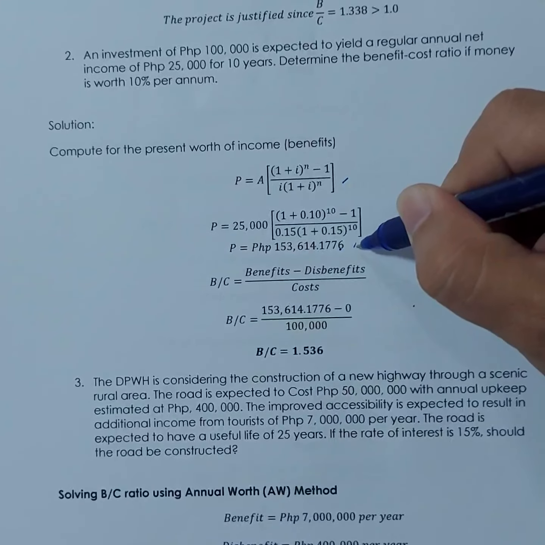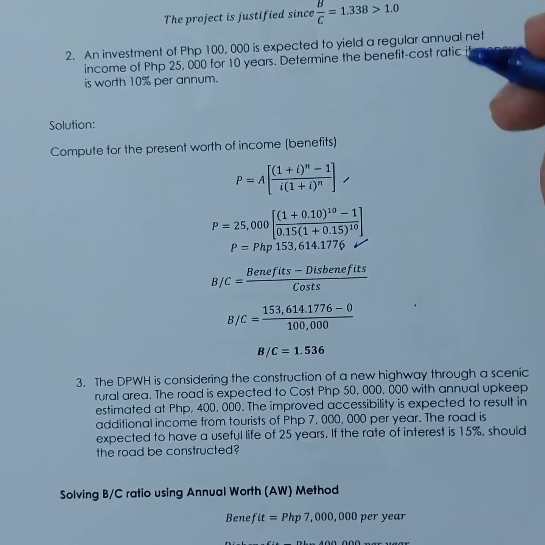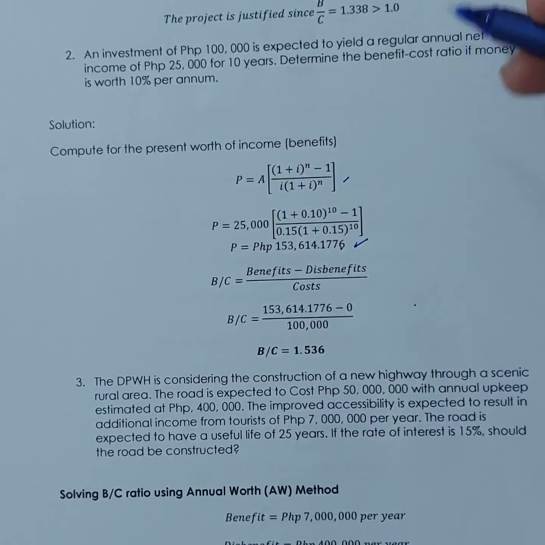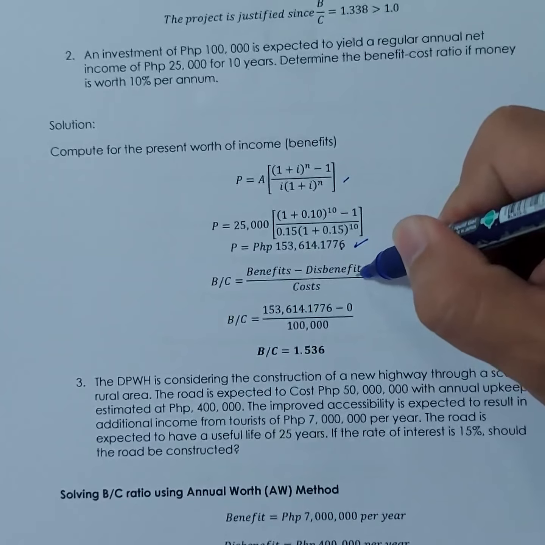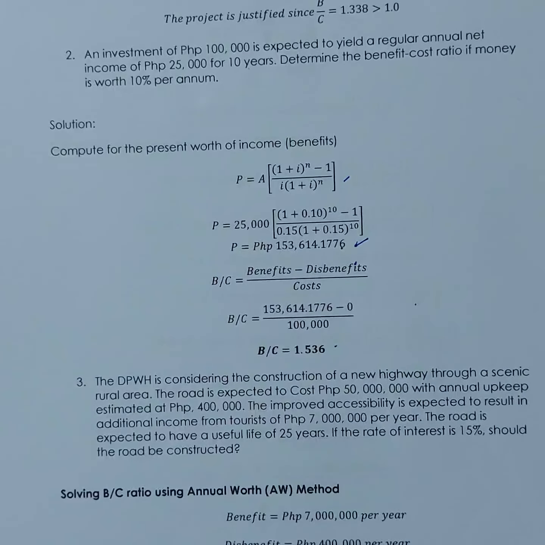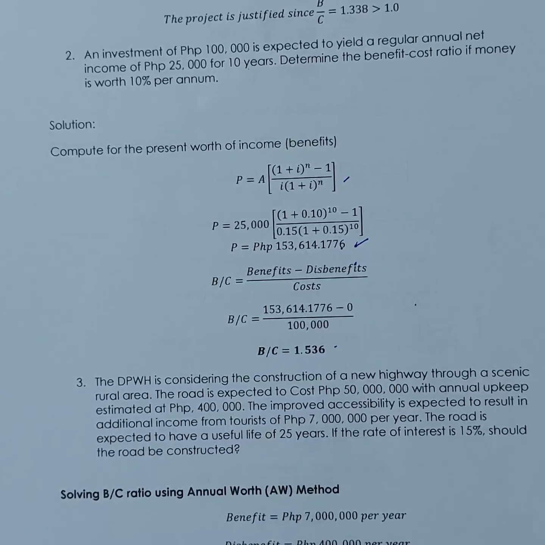So we have this benefit, yung income of course, and the cost is 100,000. So wala namang sinabi na this benefit, so this benefit natin ay 0. So we have benefit cost ratio that is 1.536, okay, which is greater than 1. So basically the investment is very desirable. Okay, so it's problem number 2.